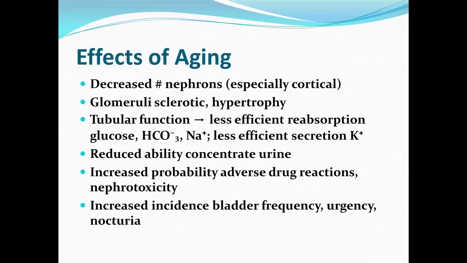So remember, we talked about a specific gravity of 1. If an individual who is older can't concentrate their urine, you would expect that their specific gravity might normally be closer to that 1 than someone who is younger.